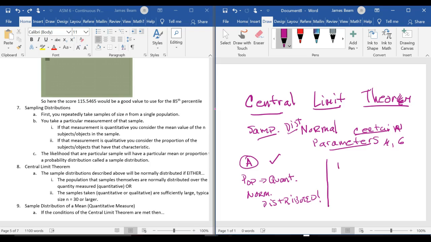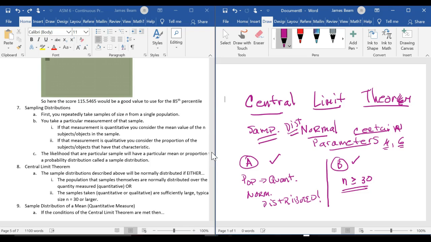The other option is B. The samples that you take are sufficiently large, and usually the samples only have to be about size 30 or bigger. If I've met either A or B, then I get a sample distribution that is normal with certain parameters of mean and standard deviation.